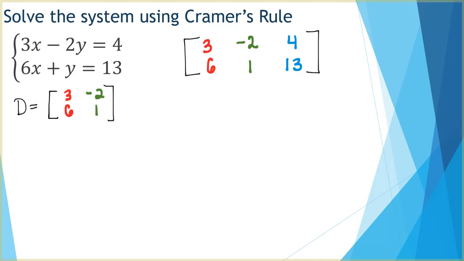And then my Dx matrix, I'm going to replace my X column with my constants. So for my 2x2 matrix for my Dx, I'm keeping the Y column, but replacing the X column with 4 and 13.